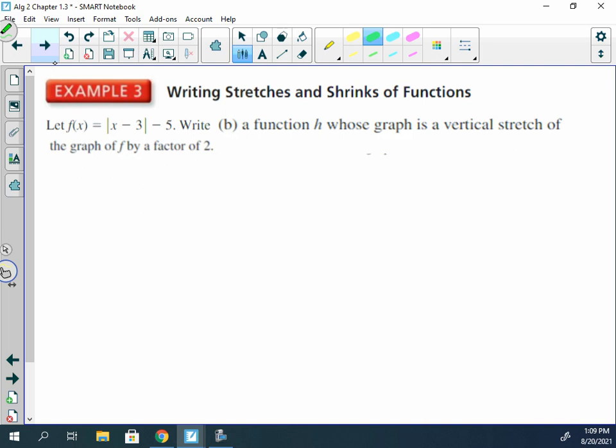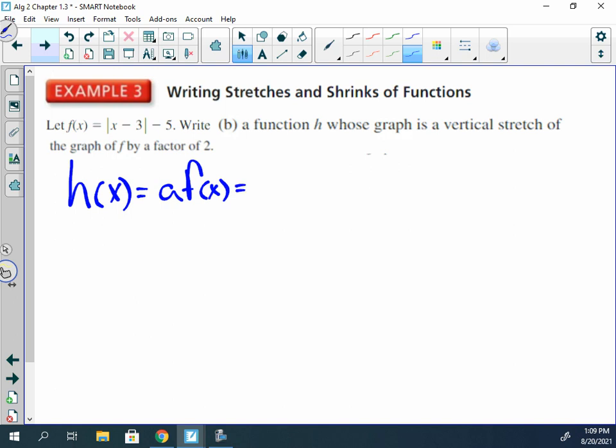So what we're saying is that h of x is equal to... Our vertical stretch, as we defined it in the general form, was a times f of x. So for this here, it's a times f of x. Well, what is our factor?